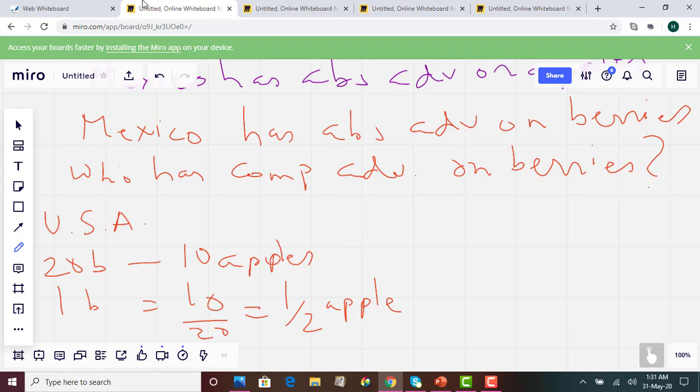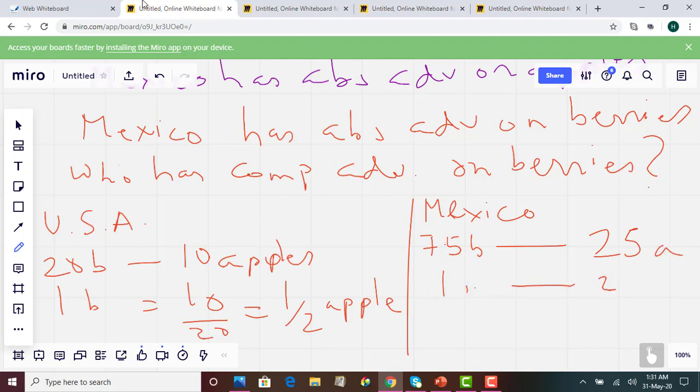Now let's look at Mexico. Same way we calculate the opportunity cost for Mexico for berries. In order to produce 75 berries, what are they giving up? They are giving up 25 apples based on the table. So in order to produce one berry, they are giving up 25 by 75, or 1/3 apple.